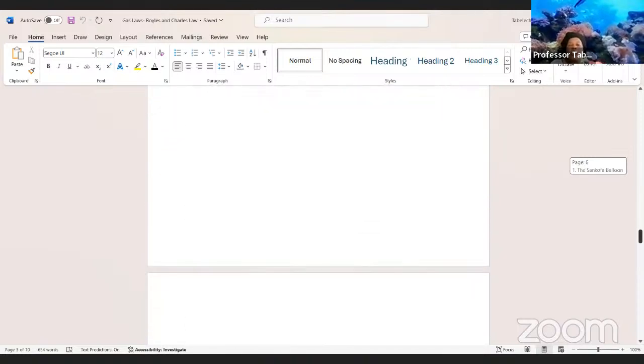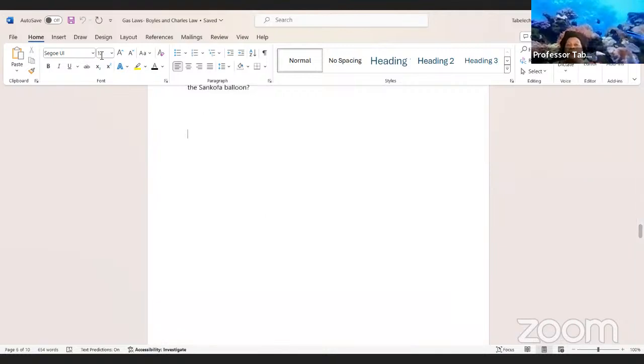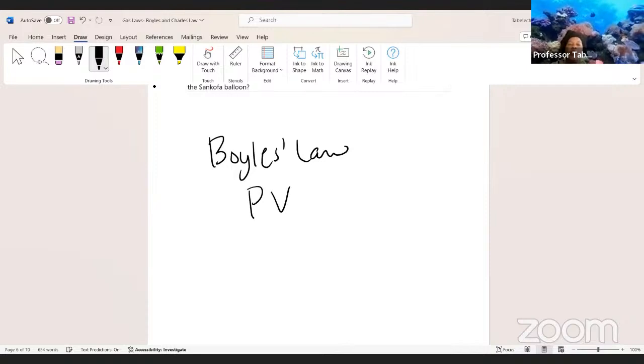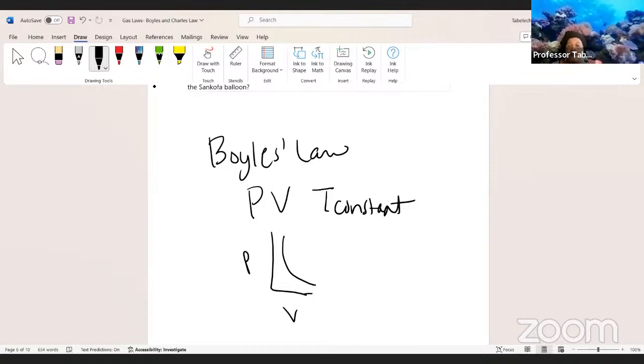Let me write this here. Boyle's law deals with pressure and volume where your temperature remains constant. And again, the graph typically looks like a little curve there.